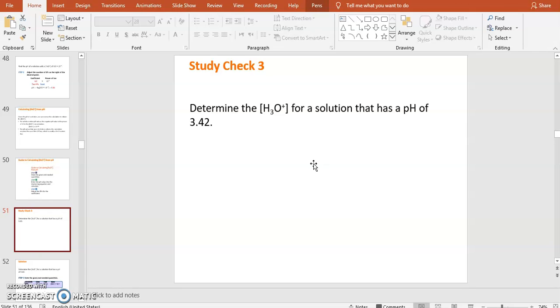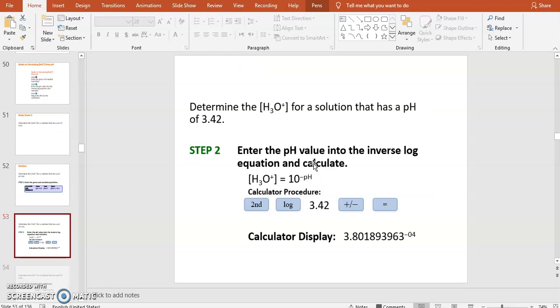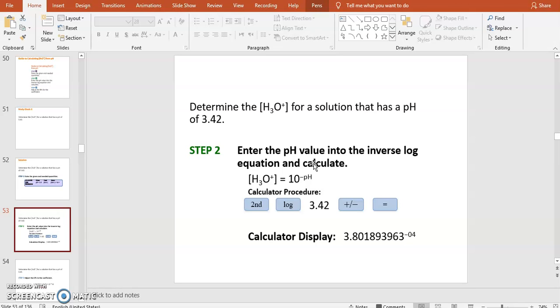Here, determine the hydronium ion concentration for a solution that has a pH of 3.42. So again, the hydronium ion is equal to 10 to the power of minus the pH. To do this on your calculator, you will press second, log, and then the number 3.42, and then plus or minus.